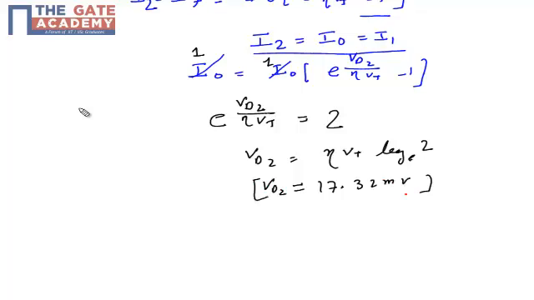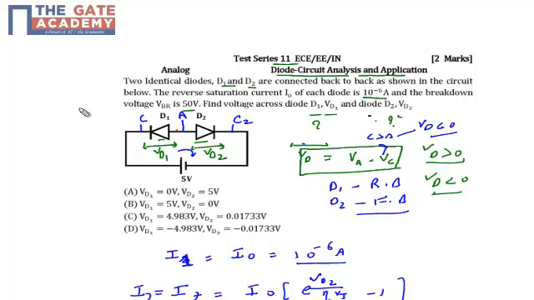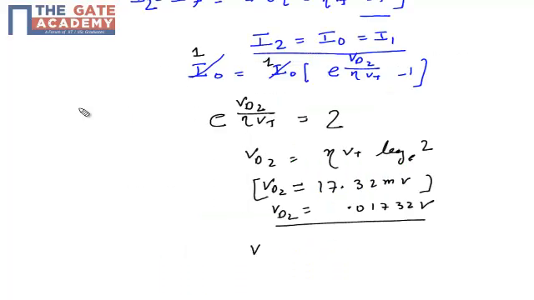So the value of VD2 is 17.32 millivolt, or 0.01732 volts. It's a series network and we have only two devices, and we know the voltage drop across VD2 is 17 millivolt. So what will be the voltage drop across D1? VD1 must be equal to 5 minus VD2, because we have only two devices.